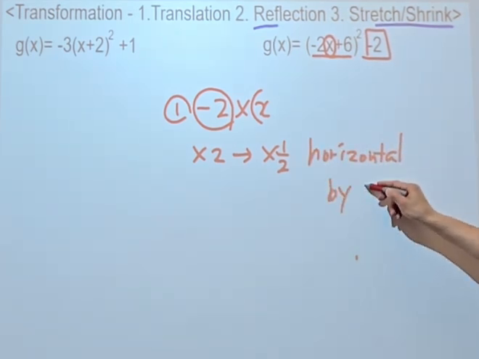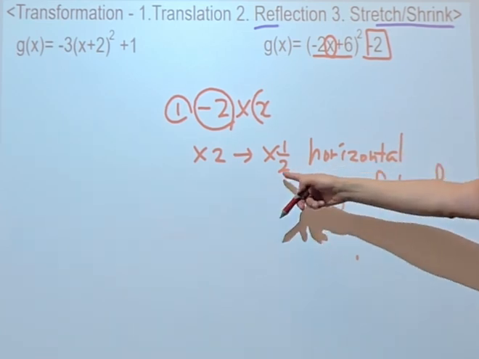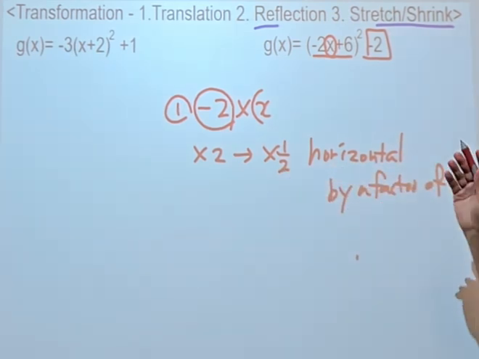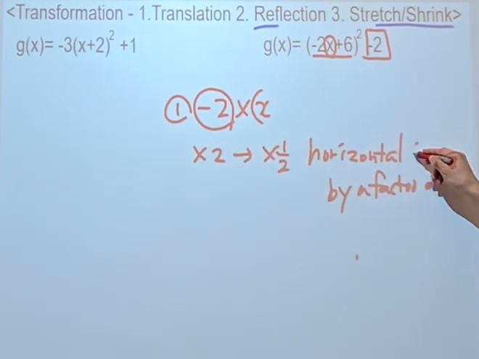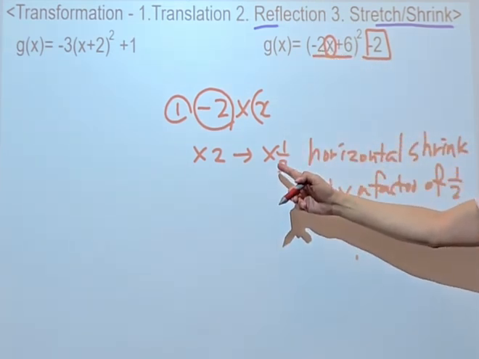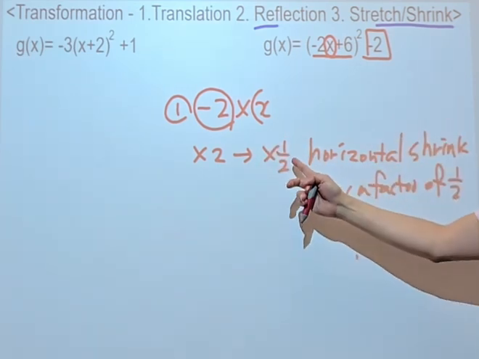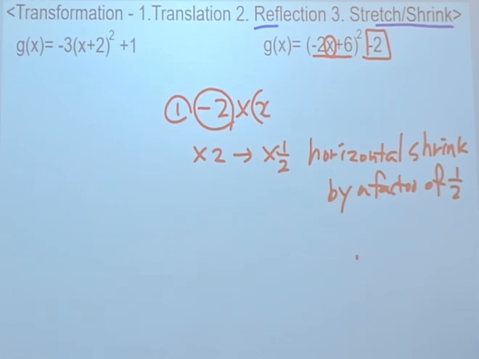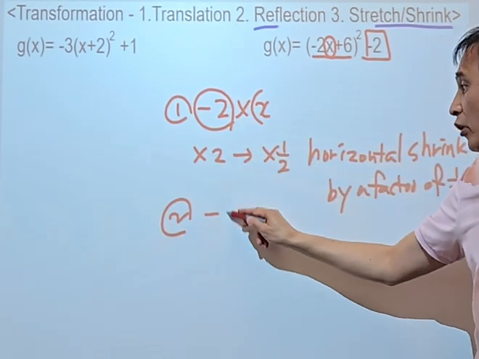By a factor of 1/2. 1/2 is less than 1, so it's a shrink, a horizontal shrink. Even though it's 2, we take the reciprocal, 1/2, so by a factor of 1/2, a horizontal shrink. And there's a negative again here, negative 1 times x.